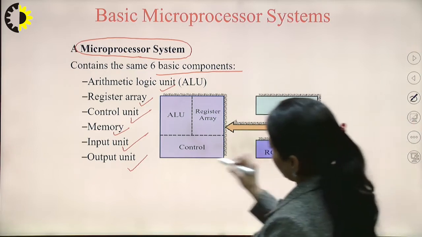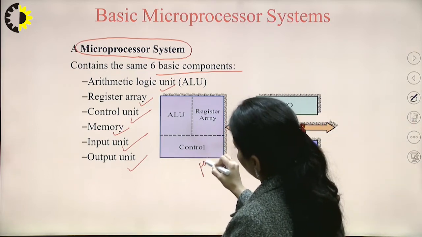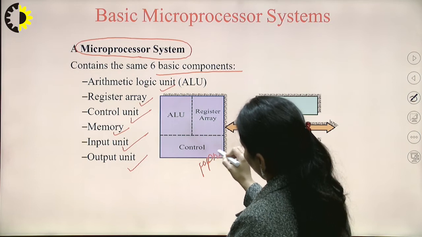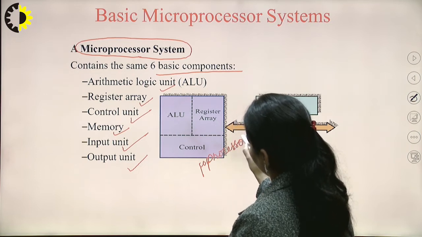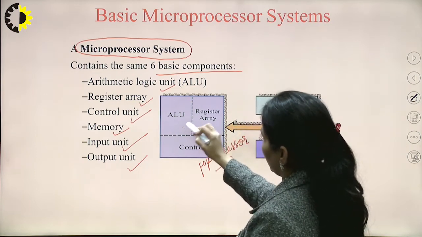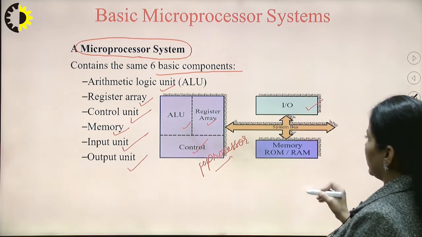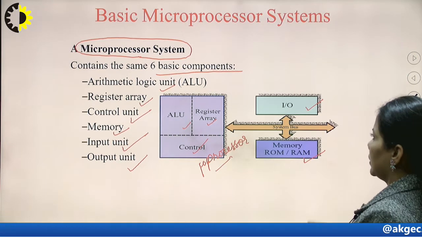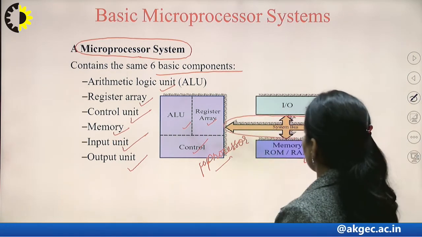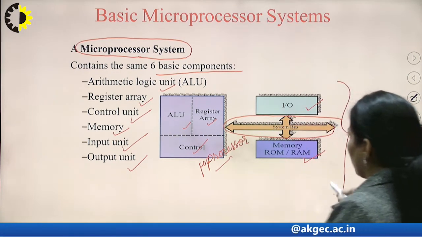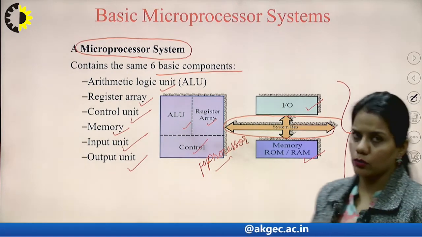We have already studied that the microprocessor has ALU, register array and control unit, and with the input-output unit and memory unit along with the system bus, this whole arrangement is known as the microprocessor system.